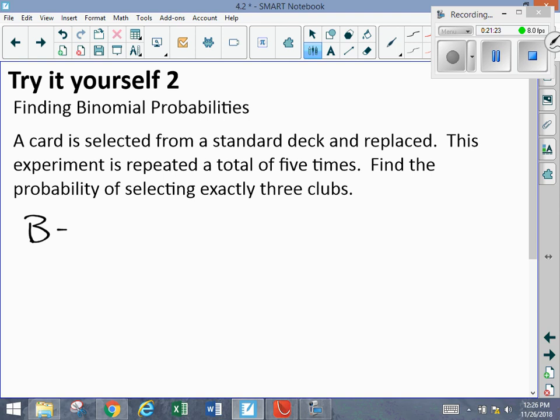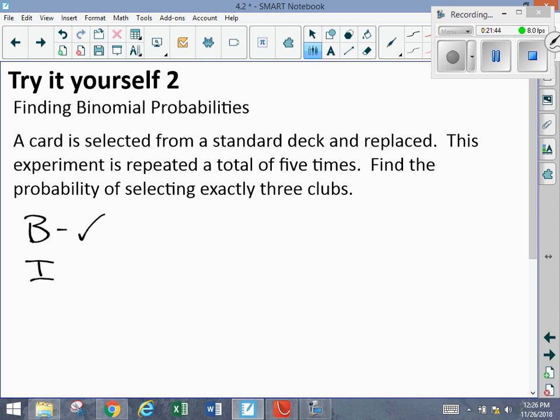Is each trial either success or failure? Yeah, either you got a club or you don't, right? There's no gray area there. Each card is being replaced, so are the trials independent?